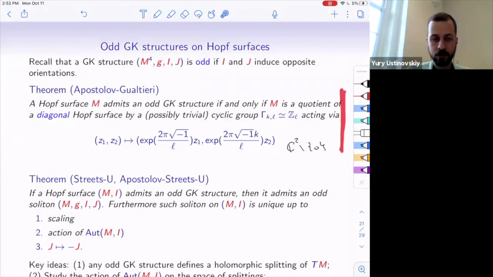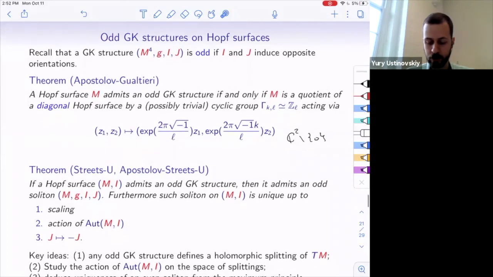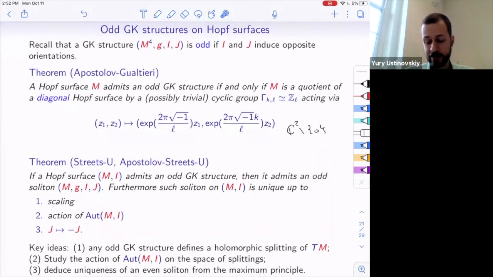All these examples that admit odd solitons were essentially constructed in our paper with Jeff in the diagonal case, and then it requires a bit of work to understand the uniqueness. That's what was carefully done in our last paper. So the conclusion is that such solitons are unique up to scaling, action of the automorphism group, and possibly swapping J and negative J. That's the only flexibility which you have.